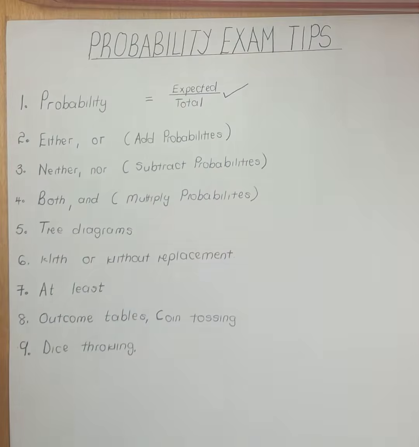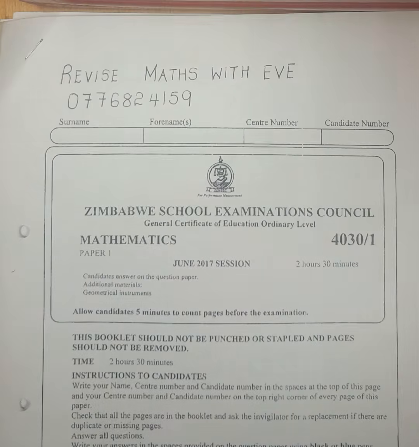In the next objective, I'm going to illustrate how to construct tree diagrams. Tree diagrams are a frequently examined part of probability, especially in maths paper 1. First, we should know if it is with or without replacement.